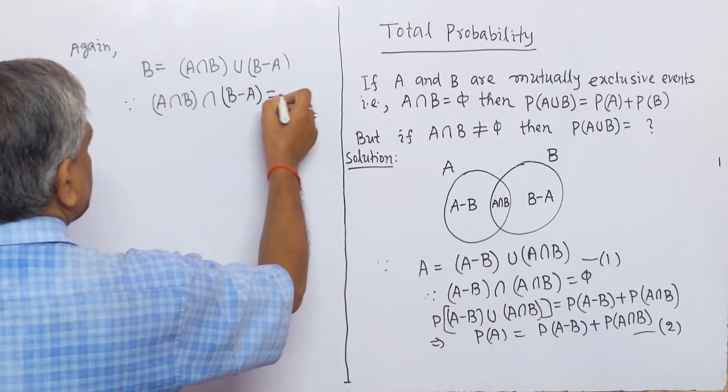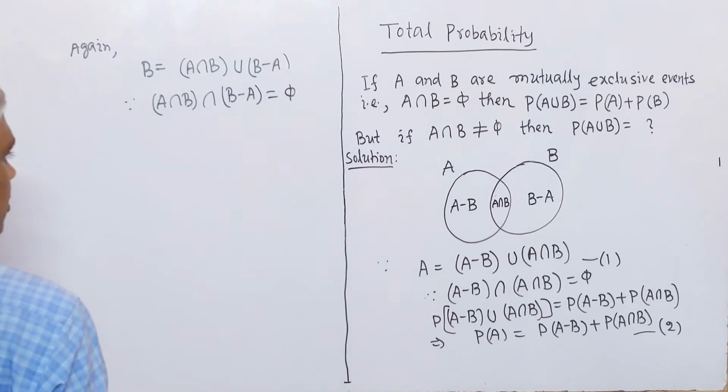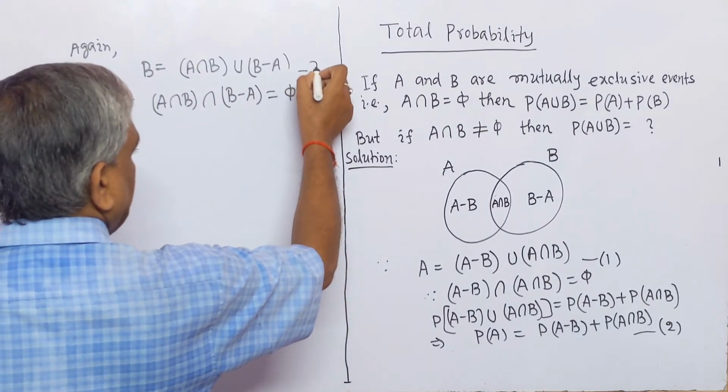That is, their intersection is phi. This is number 3.